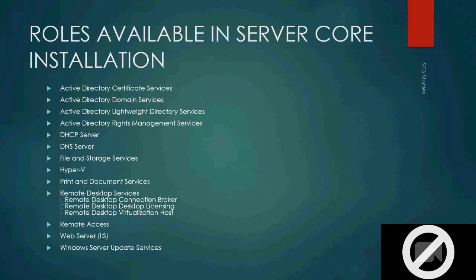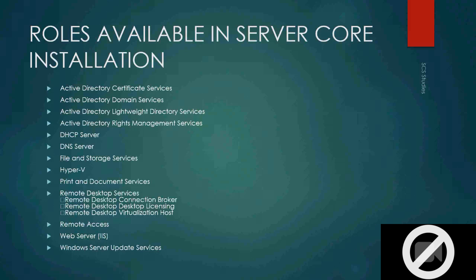Roles available in the server core installation. What are the services that we can use in Server Core Edition? We can install Active Directory Certificate Services, Active Directory Domain Services, Active Directory Lightweight Directory Services, and Active Directory Rights Management Services.